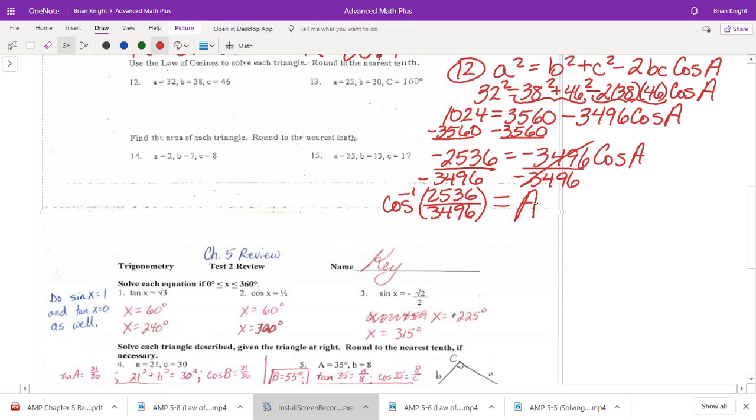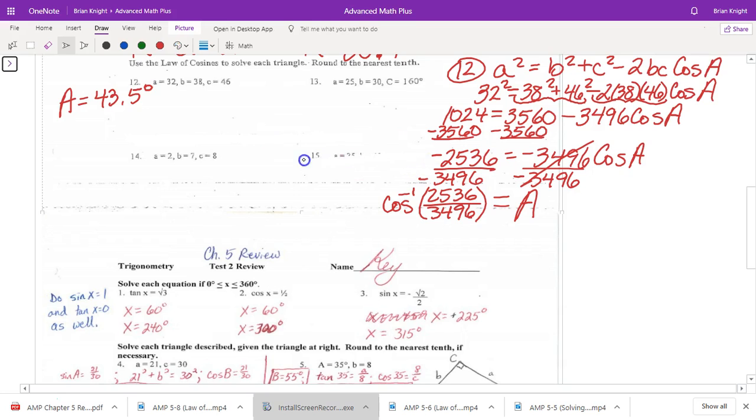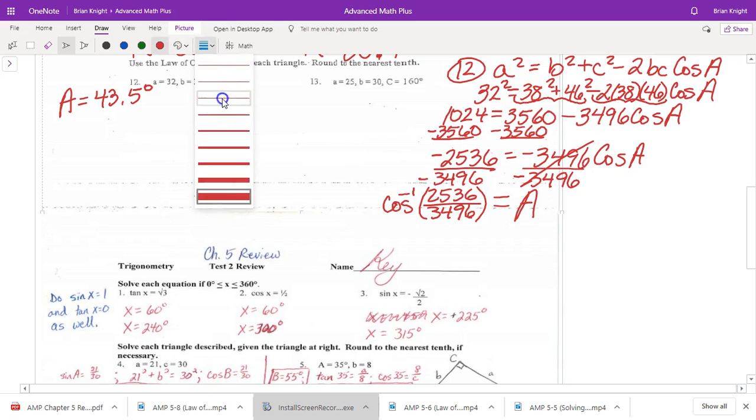That will be A. That should equal, if you put it in your calculator correctly, 43.5 degrees. What is it? 43.5 degrees. Everybody good with A?